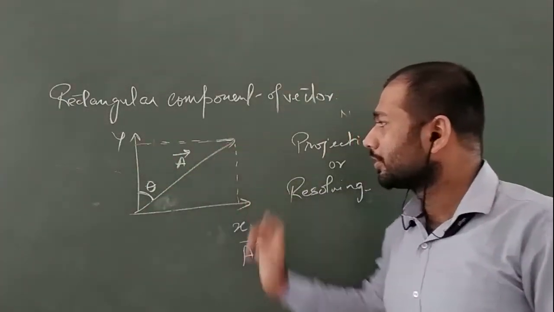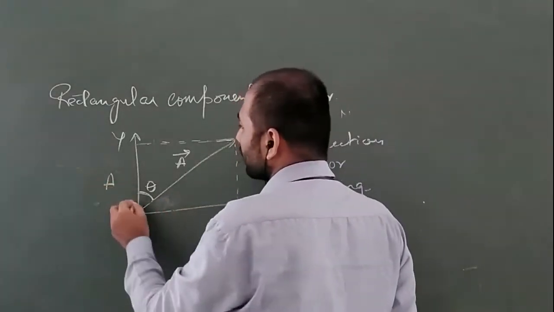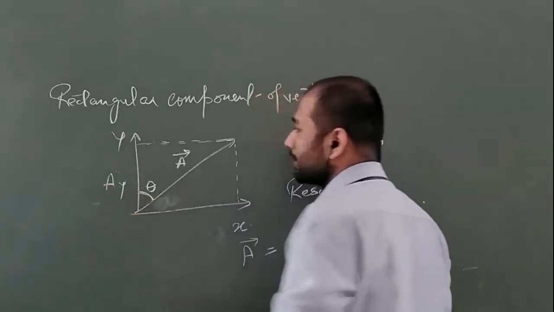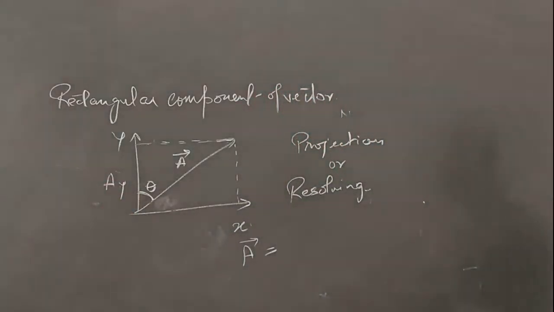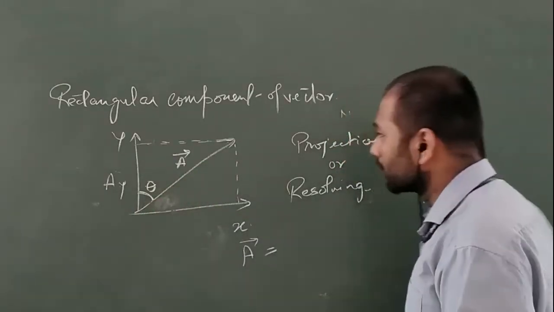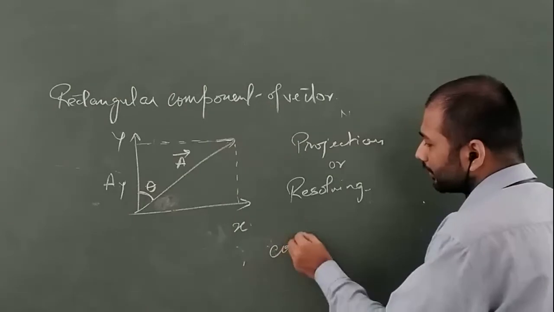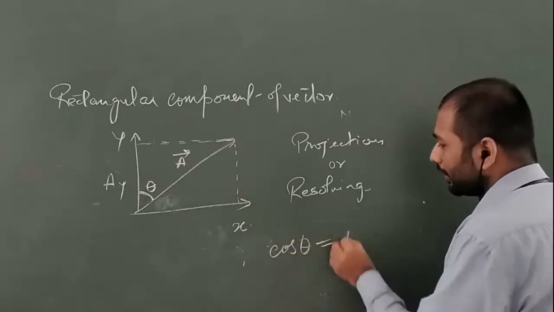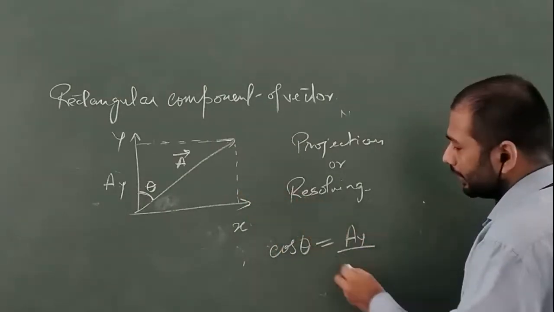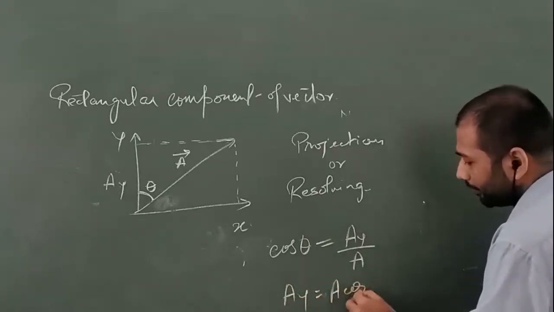If I want to write the component of A on this y-axis, you can see this is acting like a base and this is acting like a hypotenuse. So cos theta is given by what? That is A_y by A. So A_y is A cos theta.